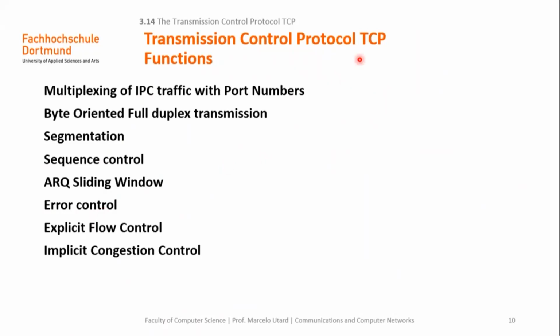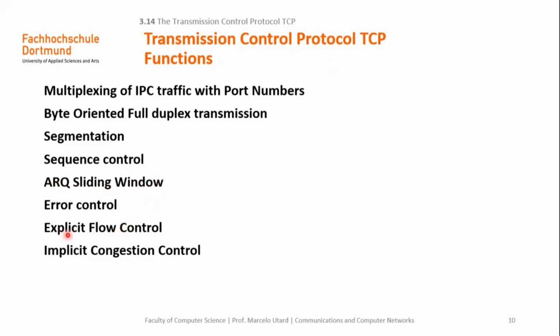The TCP implements another mechanism, always with this concept of ARQ sliding window, a mechanism of explicit flow control, where the receiver sends explicit information about the space availability in the receiver buffer, indicating the window size, what we call the advertised window, and then the transmitter will use that window size to implement the automatic repeat query sliding window.